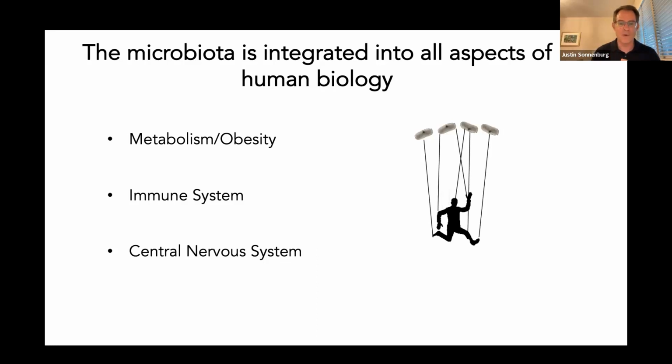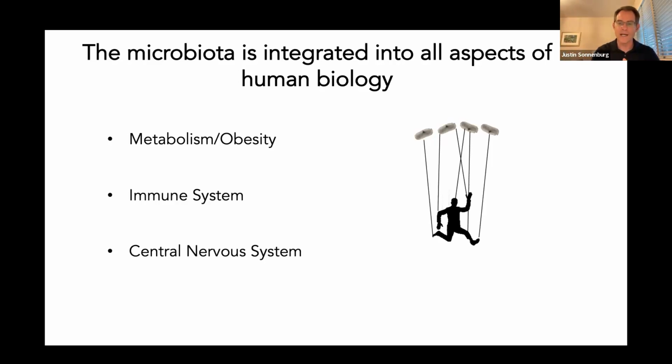Many of you have probably heard of the brain-gut axis, but certainly if we get a respiratory infection, we know from animal models, from controlled experiments, that changing the gut microbiome can actually change your immune response to that respiratory infection.